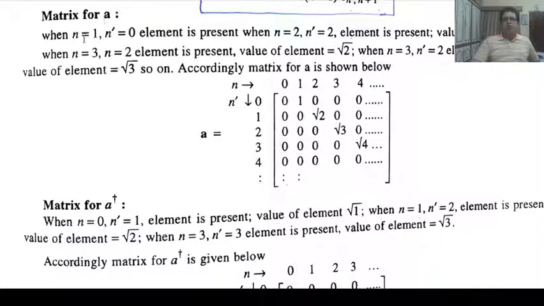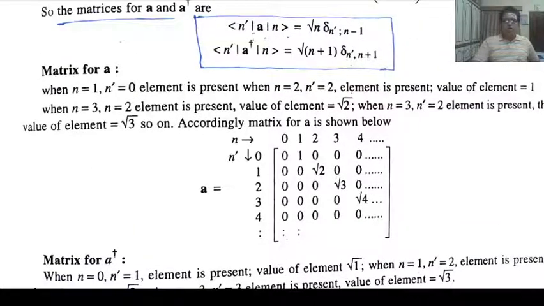Matrix for a, we can easily compute. If n equal to 1 and n dash equal to 0, that element is present when n equals 2 and n dash equals 2 element is present. Value of element equal to 1. From these equations, you can easily calculate the value of matrices for n equal to 3, n equal to 2.